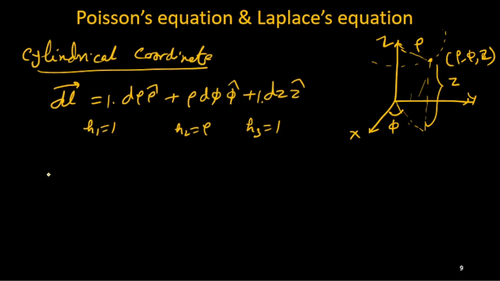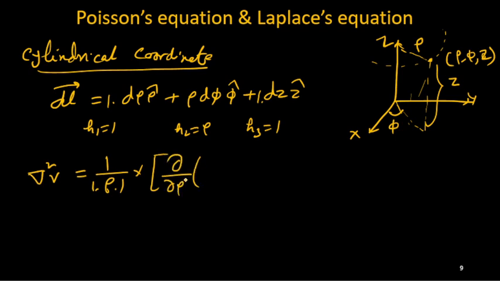So what is del square V? You can rewrite it as 1 upon h1 h2 h3, which is 1 upon rho, 1 into rho into 1, multiplied by the first term, del by del rho. The numerator is h2 h3 over h1: h1 is 1, h2 is rho, and h3 is 1, then del V del rho.